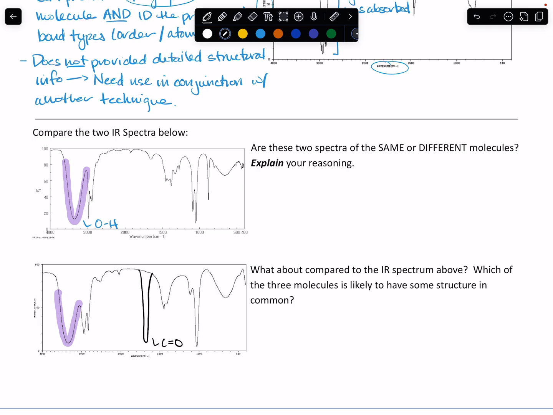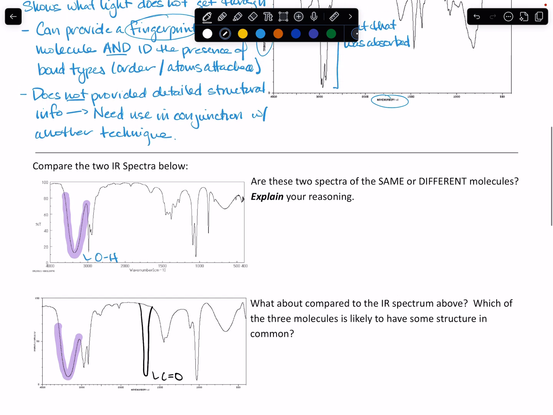You just know that they're there. So IR spectra can be used to compare one to another to rule in or rule out particular molecules. It can also be used to identify pieces of your molecule. There are tables of information that tell you where these stretching and bending bands should be, so you can use those to map out what's present within your molecule based on that IR spectrum.